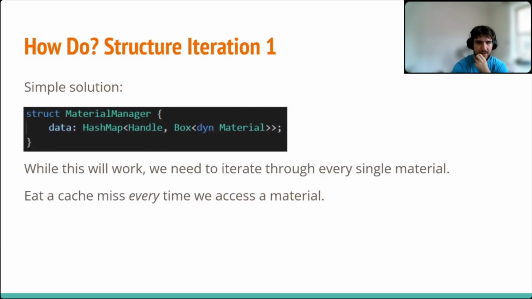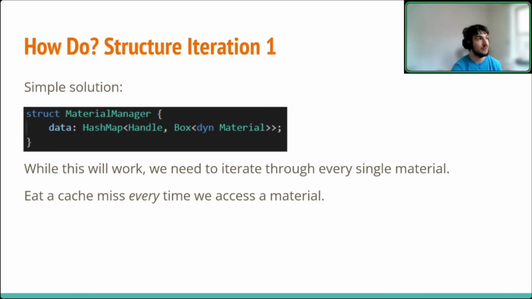So how do we fix this? We draw inspiration from the ECS people because that's the same problem. They have a set of entities that are storing arbitrary data. Each one is different, but fundamentally, this is the same problem.